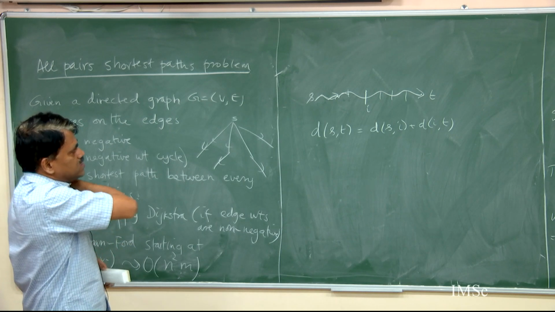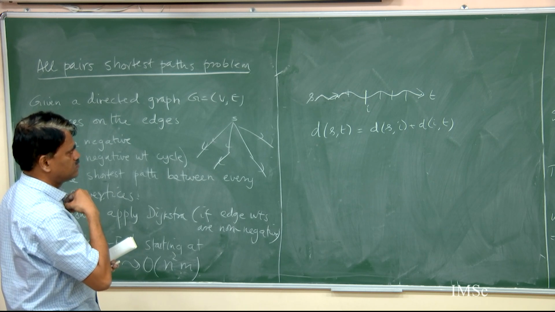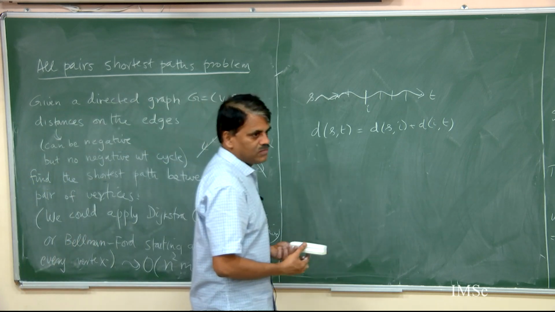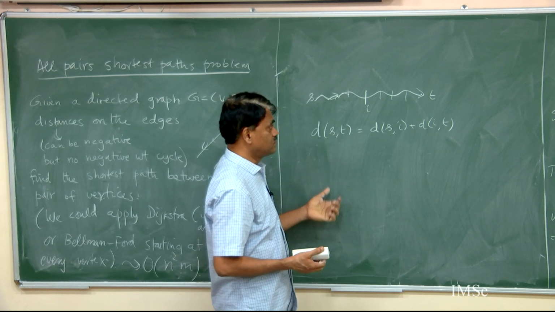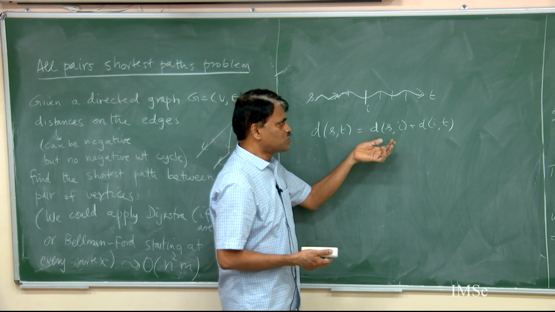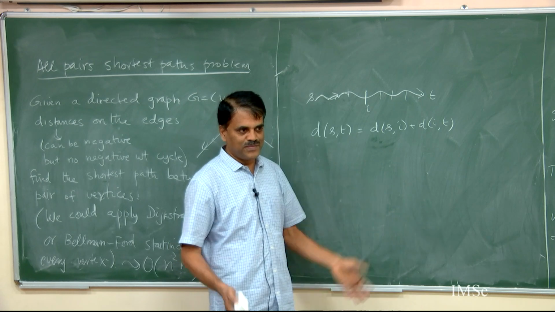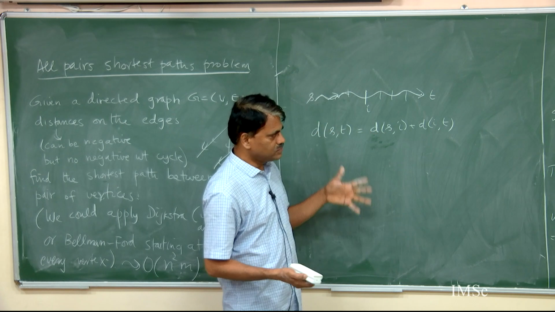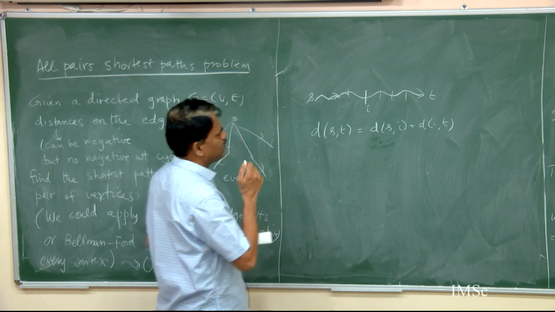What are the subproblems? There must be some progress. This must be a smaller problem in some sense, right, then only you can build it up. So in what sense it is a smaller problem, I want to think about, right.